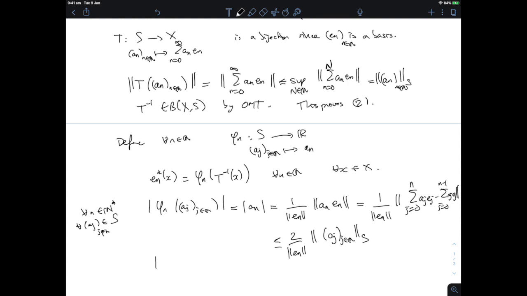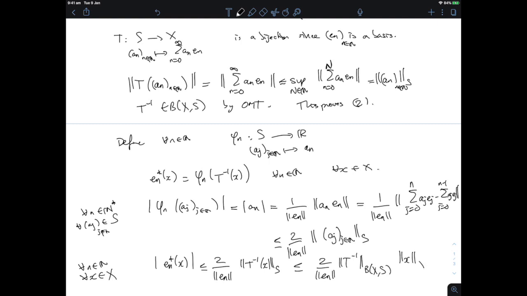All right, and what does that tell us about en star of x? For every n in N and for every x in X, this is smaller than 2 divided by norm of en multiplied by the norm of aj in S, which is the norm of t minus 1 of x in S, which is smaller than 2 divided by norm of en, multiplied by the norm of t minus 1 as a bounded linear map from the Banach space X into S times the norm of x in the Banach space X. And that is exactly saying that en star is in X star.